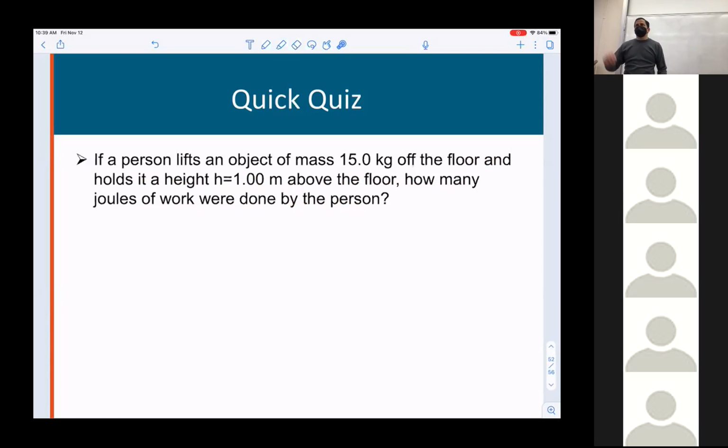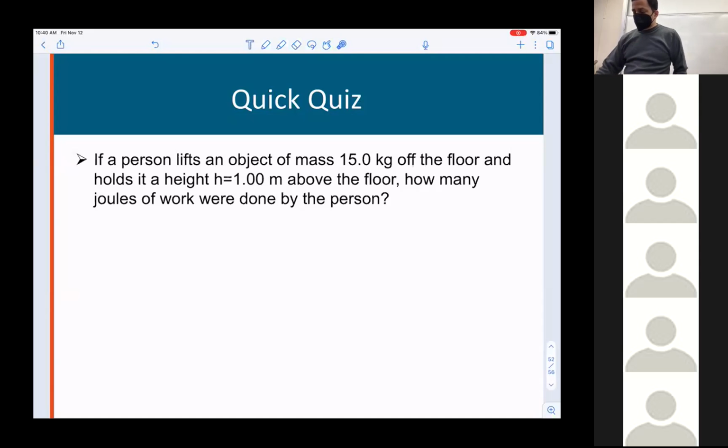So now notice, unlike the bookshelf example, it is not asking what is the net work done on it. The net work done on it is 0 because you pick it up. It's at rest. You hold it up 1 meter. It's also at rest. The net work done on it is 0. But it is asking what is the work done by the person lifting it up by 1 meter.